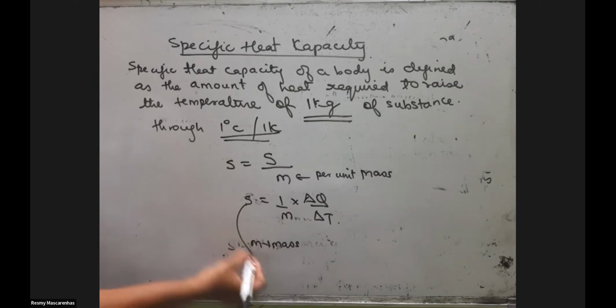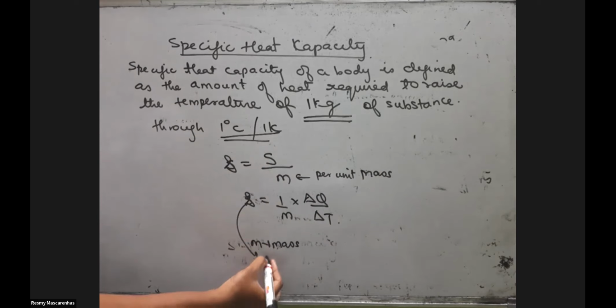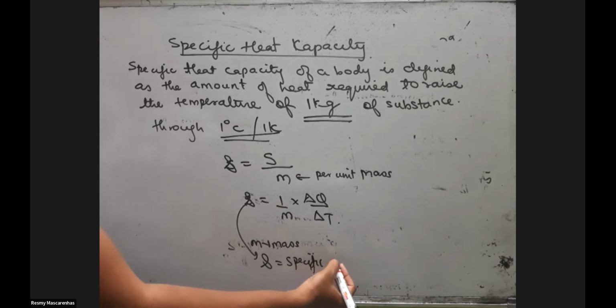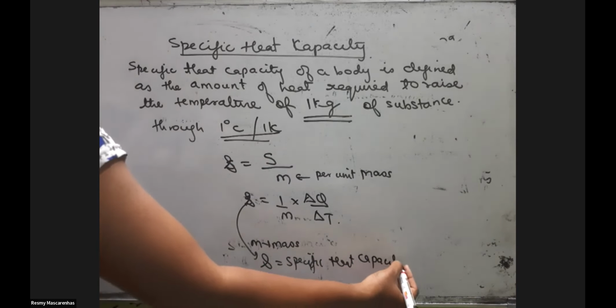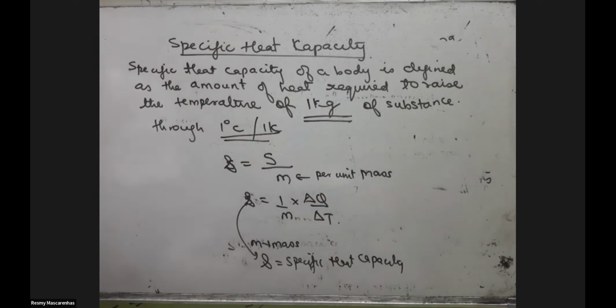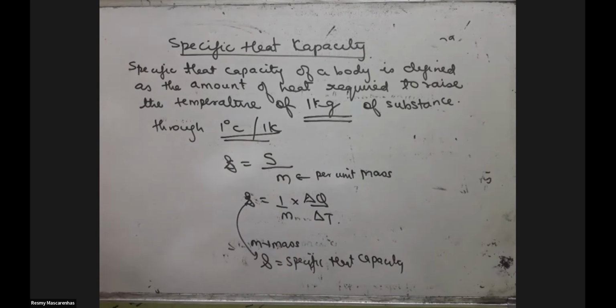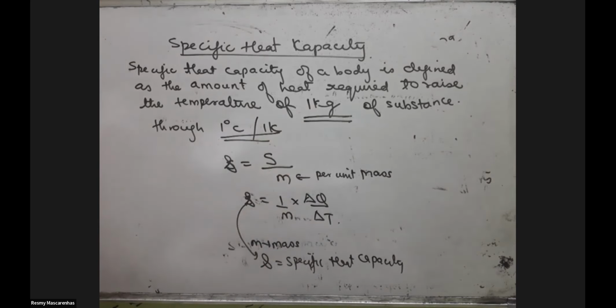This is small s and that one was capital S; you can write it like this to make a difference. Small s is nothing but specific heat capacity. Rest all is the same: this is the amount of heat needed, and this is the change in temperature. The only extra is the mass, per unit mass.